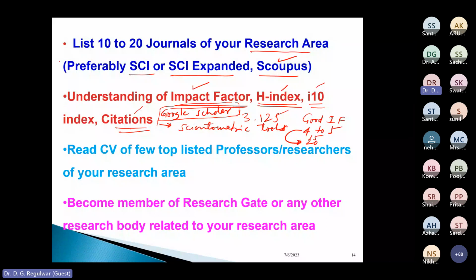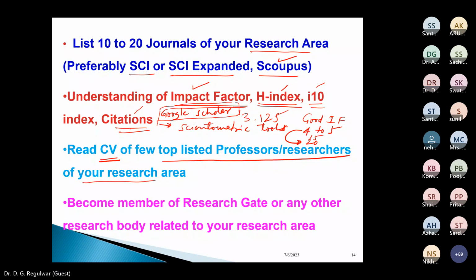Okay. Then one more thing is that we normally tell students to read the biodata or CV of the top listed professors and researchers of your research area. So you have to go to the national or international websites of institutes and universities, and see who the researchers or professors working in my area are, and what their publications are.